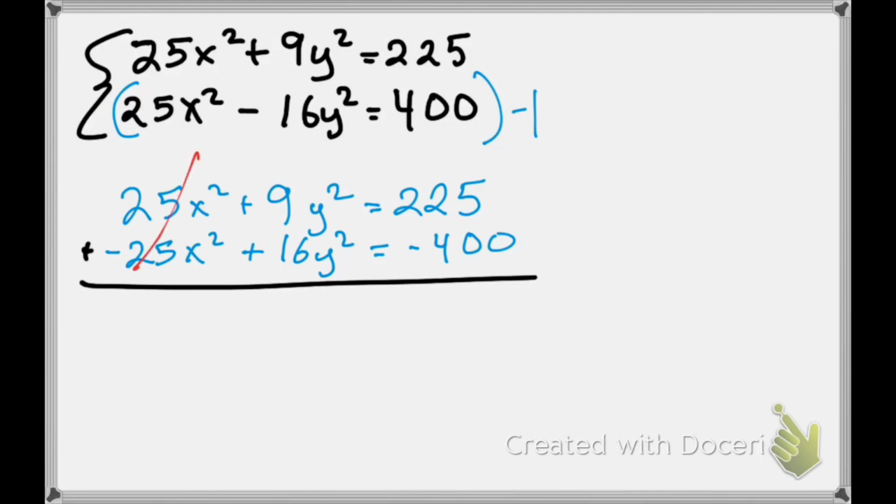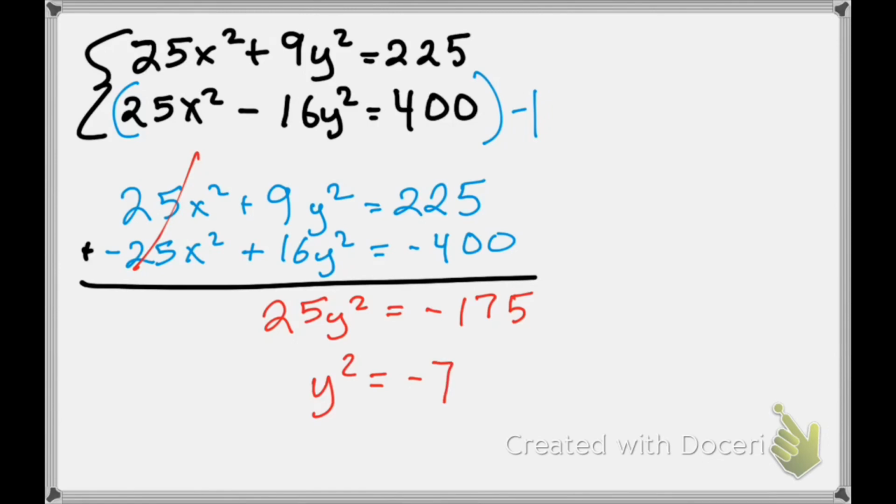Those cancel out. Those give me 25y squared is equal to, when I add these, negative 175. Well, negative 175 divided by 25, get y squared is equal to negative 7.